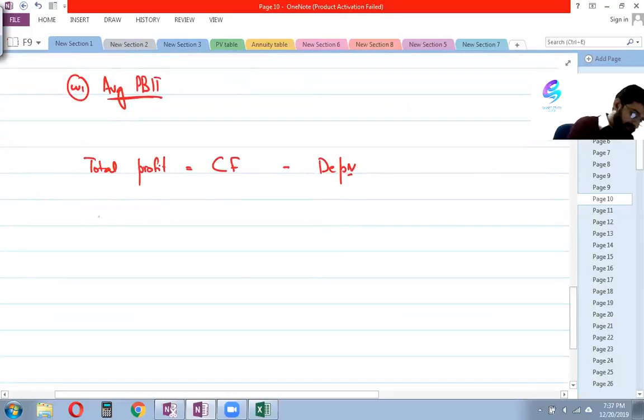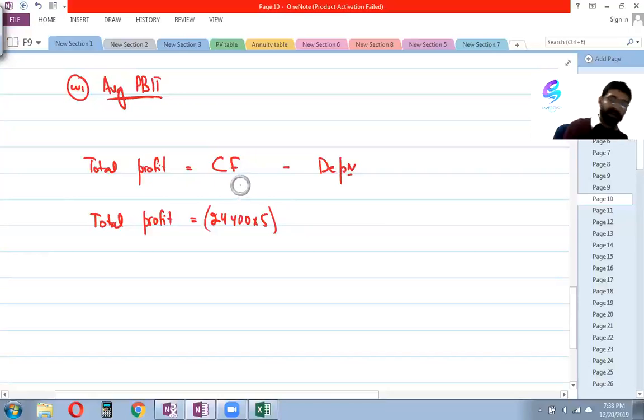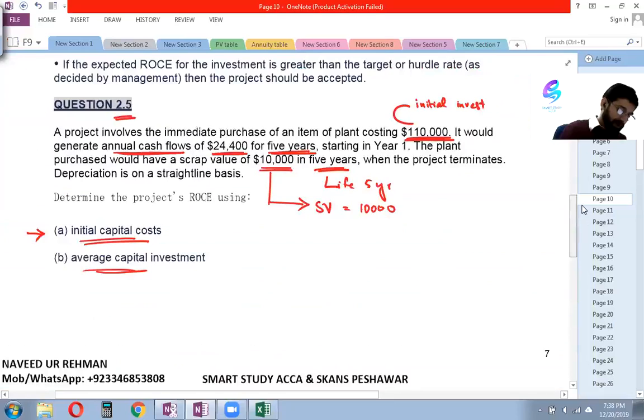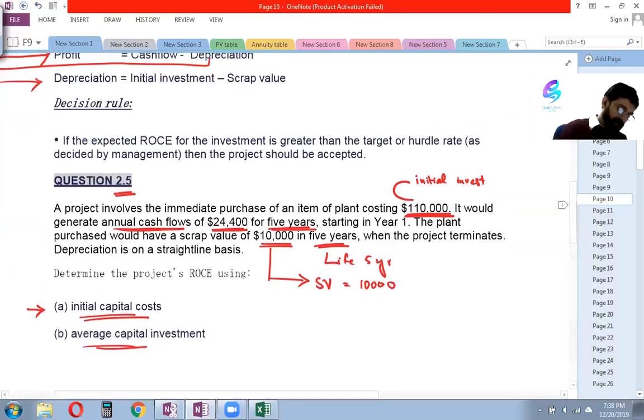Do we have the cash flows? Yes, but that's cash flow for 1 year, and there are 5 years in total. So 24,400 multiplied by 5 years. That will be the cash flow. What about depreciation? Again, we are not given the depreciation, but it says scrap value is 10,000 and initial investment is 110,000.